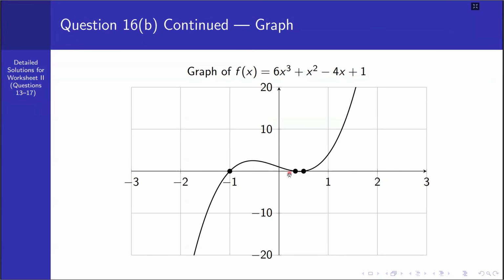These are the x-intercepts, and this end tends to infinity in the upward direction without any bound. This one will tend to negative infinity without any bound, so that the graph looks like this.